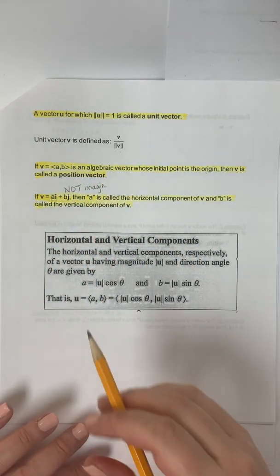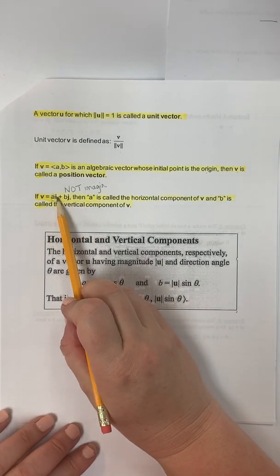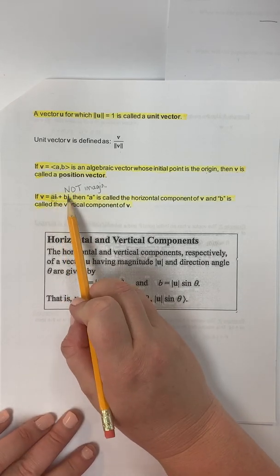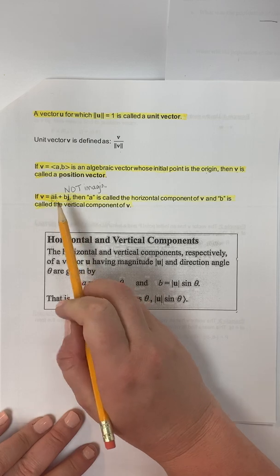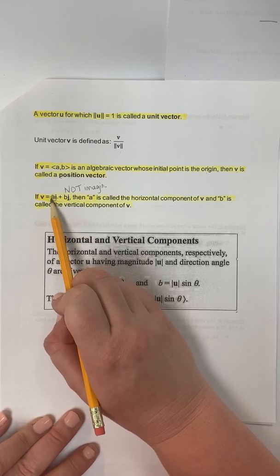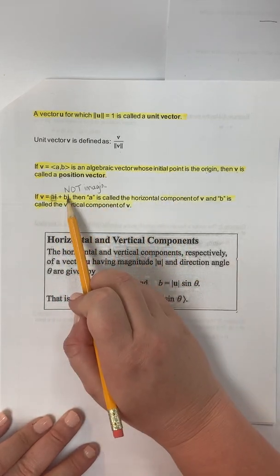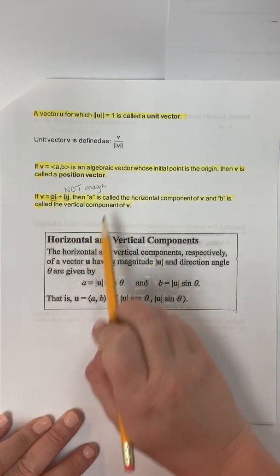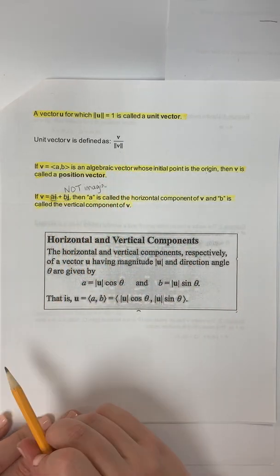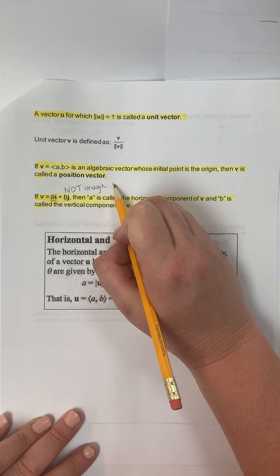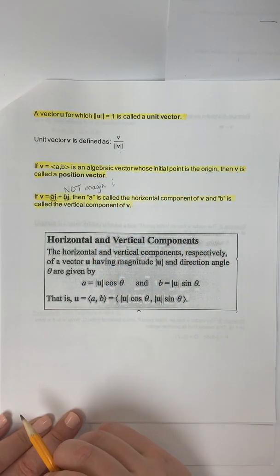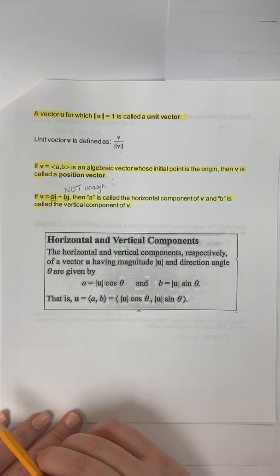Not imaginary. So I means the horizontal component, J means the vertical component. So A would be whatever you're doing horizontal. B would be whatever you're doing vertical. So this is not an imaginary I. Remember, an imaginary I kind of looks like this. That's not the imaginary I there. All right. Those are my math lab questions.